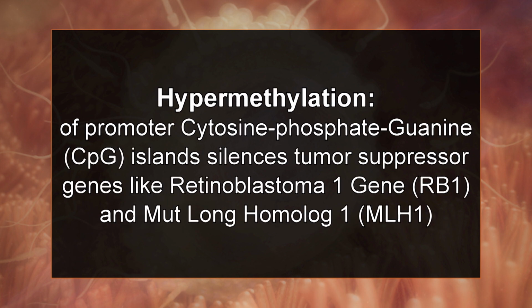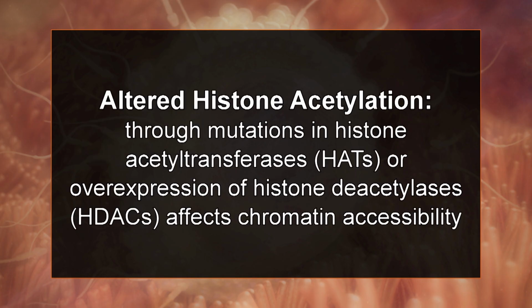Number 2 is hypermethylation of promoter cytosine phosphate guanine, or CpG, islands, which silences tumor suppressor genes like retinoblastoma 1 gene and MutL homolog 1. Number 3 is altered histone acetylation through mutations in histone acetyltransferases, or HATs, or overexpression of histone deacetylases, HDACs, which affects chromatin accessibility.